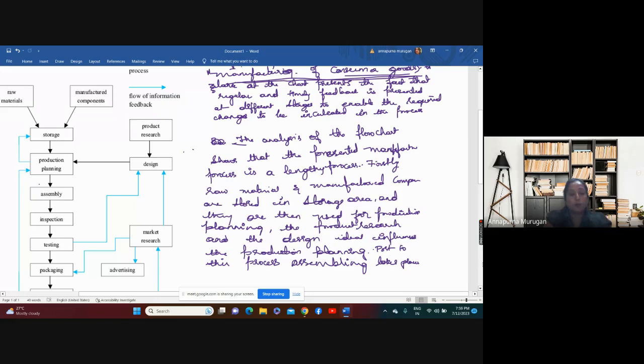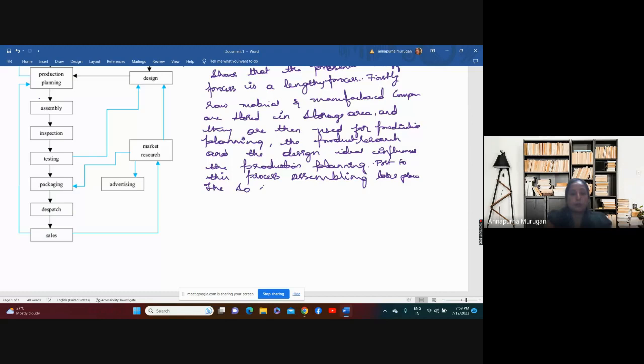Okay, I'll write a little neatly. The so produced goods are inspected, tested, and then packed and dispatched for sales.